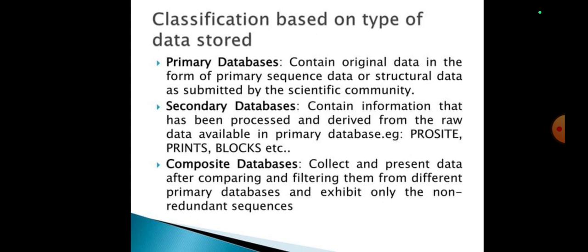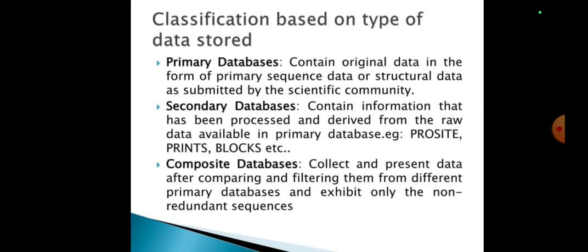The secondary database information is from the primary database, that can be processed and retrieved, which is available in the primary database.